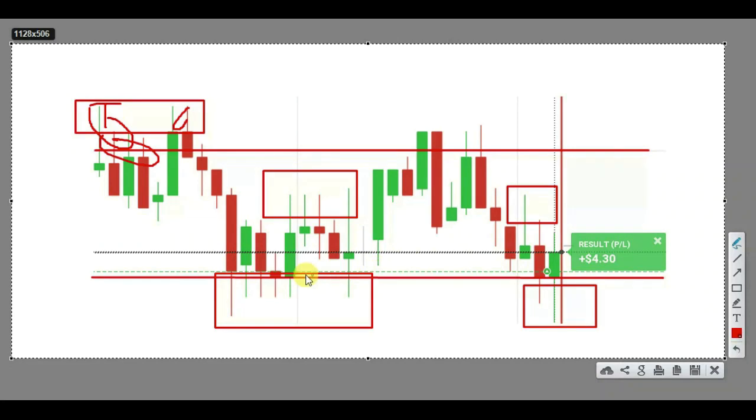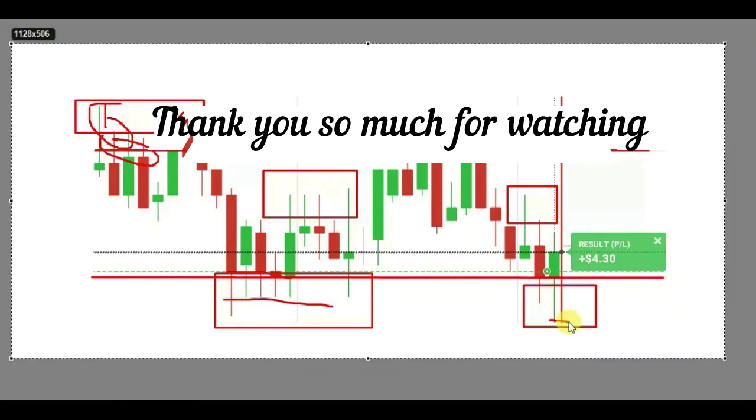Okay, so after looking at the previous times, I can see strong buyers entry from this level, and this is a round number. So that's the reason I placed a trade here, and this was a fast-moving market. That's the reason I was unable to place a trade here.